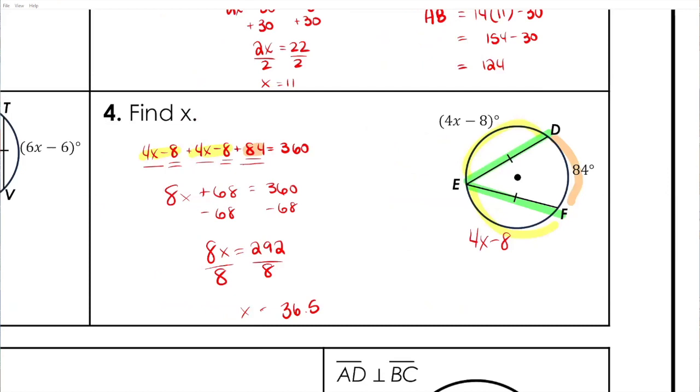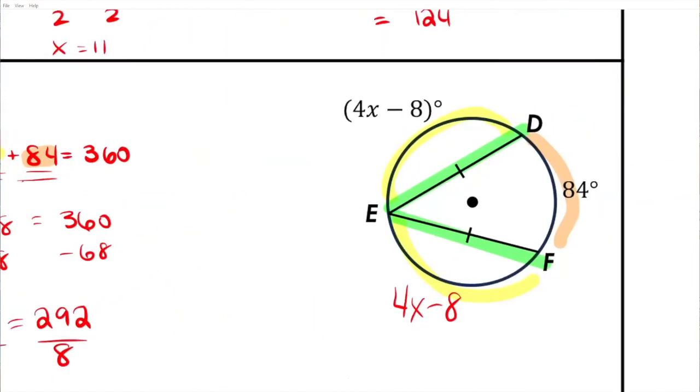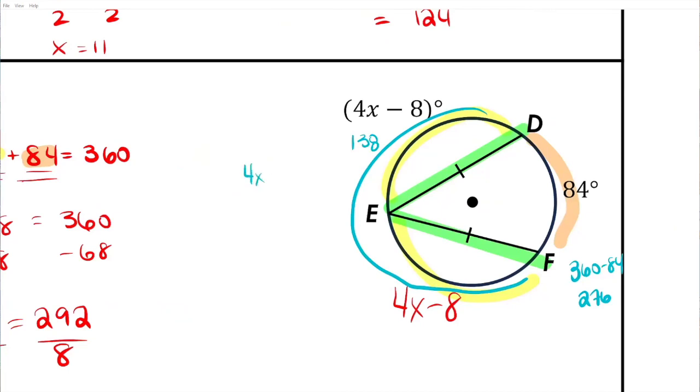I wonder if we did it the other way, if it will give us a whole number. Let's find out. So 360 minus 84, we'll just chase this rabbit hole real quick, is 276. So that means that all of these arcs share 276. If we just want half of that, it'll be 138. And now let's set that equal. So 4x minus 8 is 138.